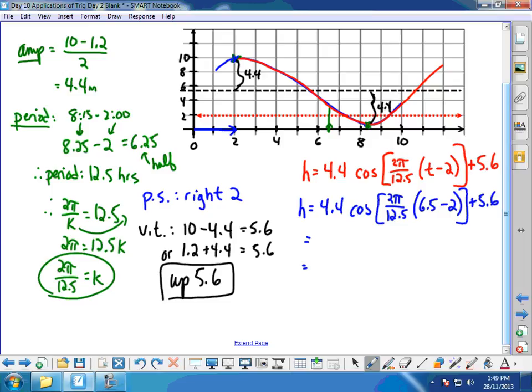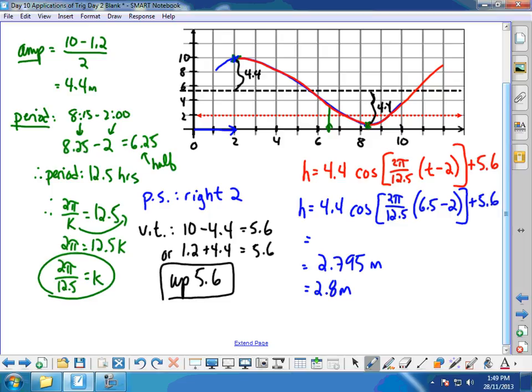Get some answer, and add 5.6 at the end. Hopefully you've done this correctly. You get 2.795 meters. Check with a neighbor if you haven't quite gotten that on your calculator. So there's approximately 2.8 meters of water.